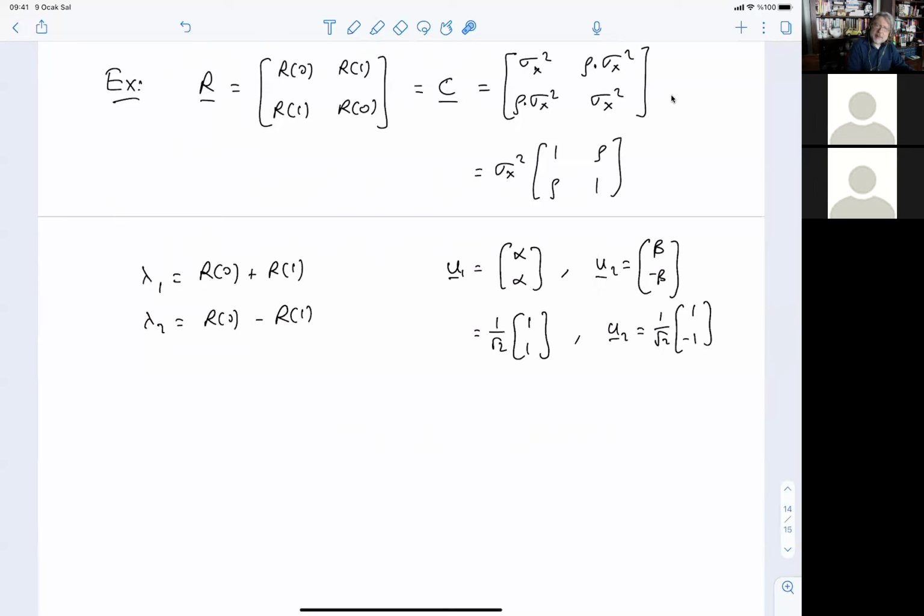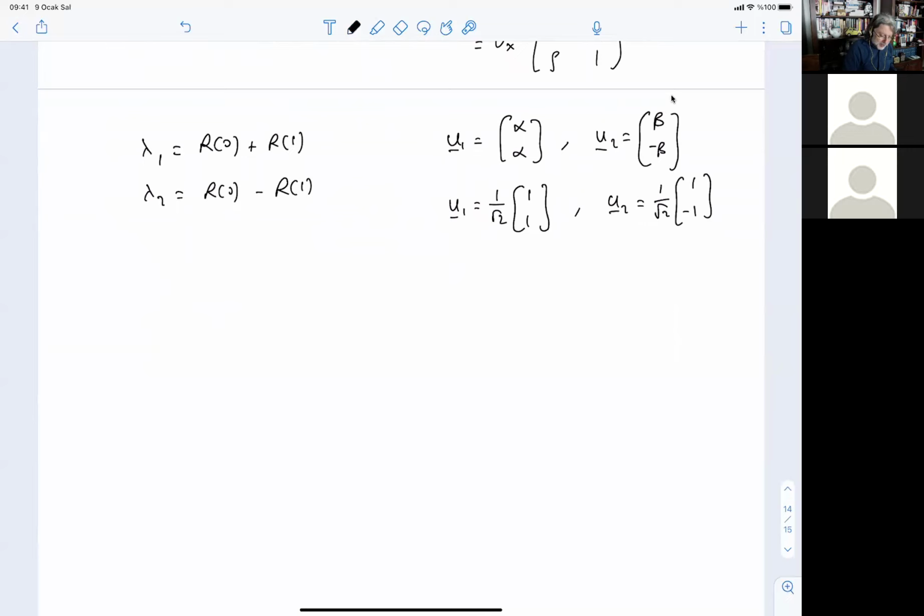And it doesn't really depend on what you say as R0 and R1, as long as R1 is positive. If R1 is negative, by the way, then lambda 1 will be the smaller one, and lambda 2 will be the larger one. So the positions of U1 and U2 will have to be interchanged. It will be, excuse me, 1 minus 1, and then the second one will be 1, 1. But the structure will be the same.